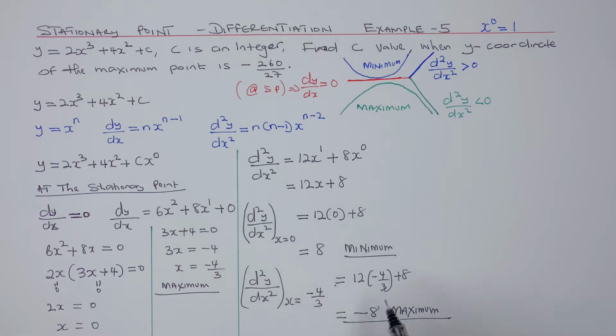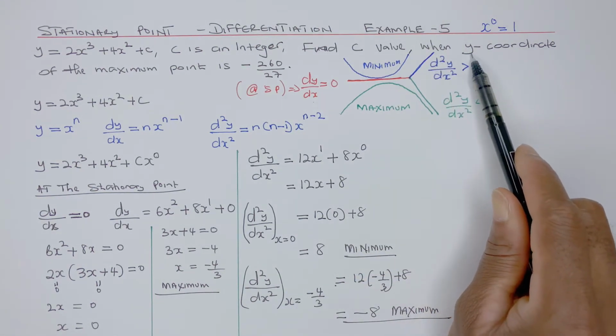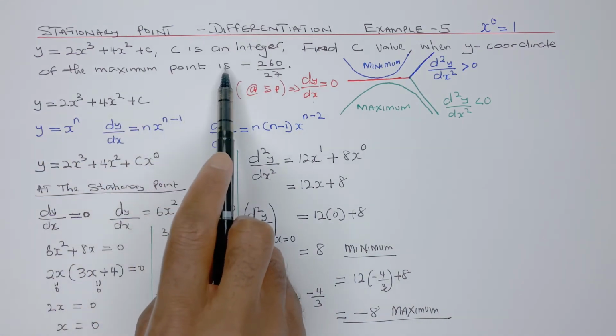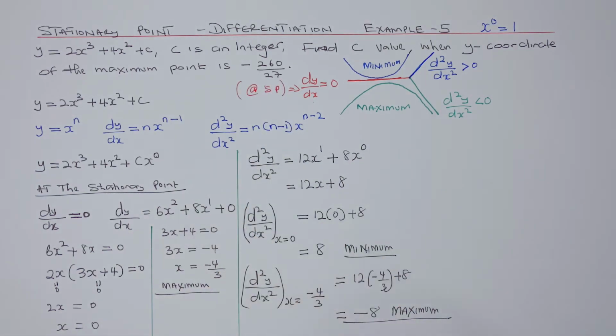So going back to the question, when y coordinate of the maximum point is minus 260 over 27. This is the x value of the maximum point.